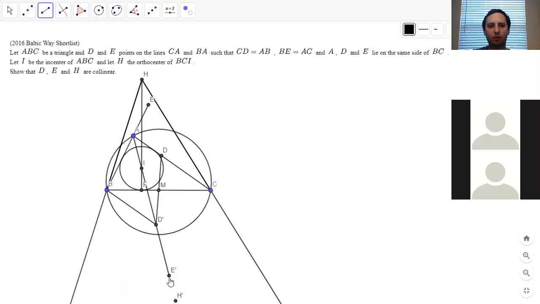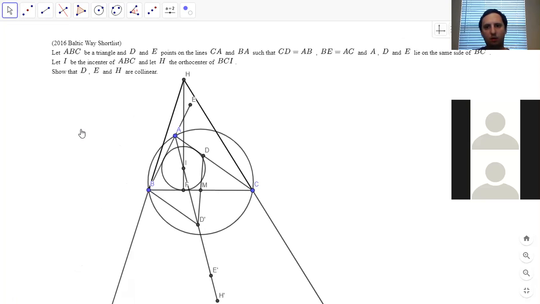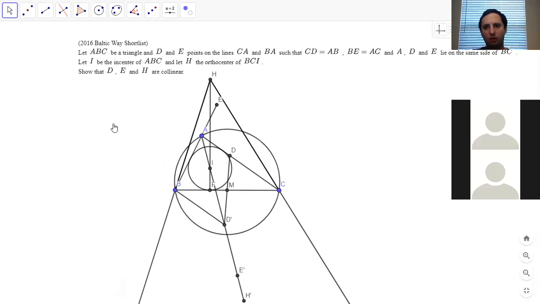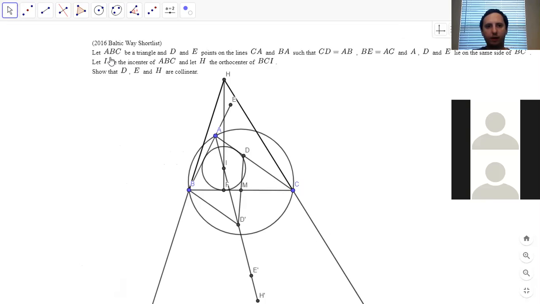Is that well known? I think it's well known. It's not really hard to prove. Maybe we can write it in the solution. Okay. Yeah, let's write it in the solution.